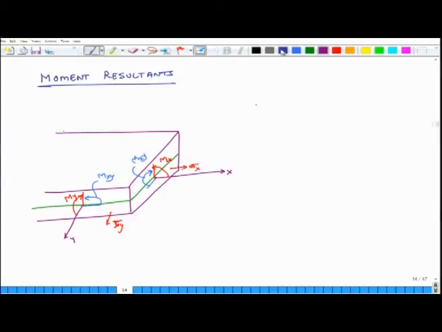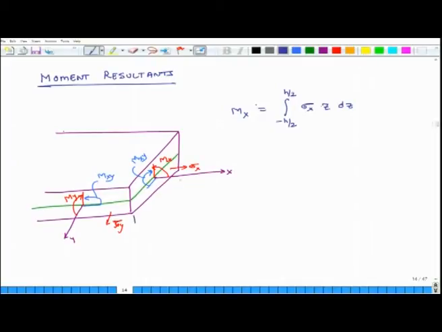We will write one relation: mx is equal to the integral from minus h by 2 to h by 2 of sigma x times the distance z, dz. Then it is mx, which is moment per unit length in the x direction.